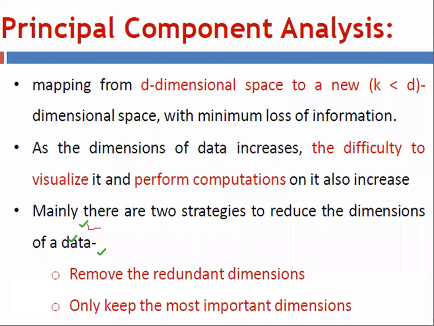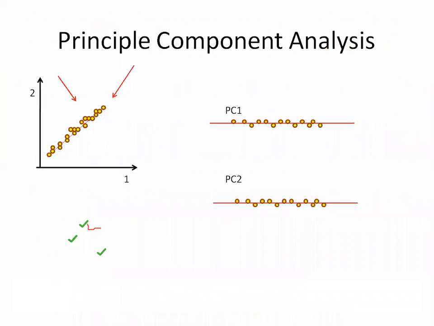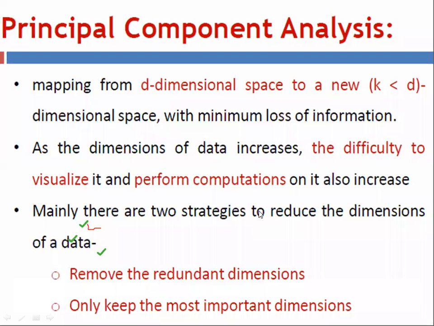Now, we have seen the example of how we can define principal component analysis. The technical definition is the mapping from a d-dimensional space to a new k-dimensional space, where k is less than d, with minimum loss of information. In our case, we considered recognizing an object as a ball.